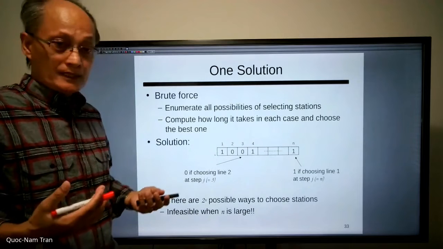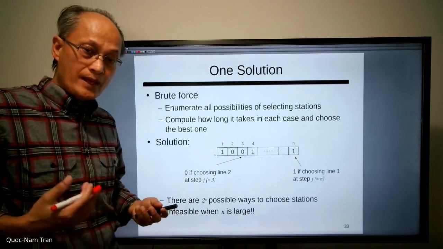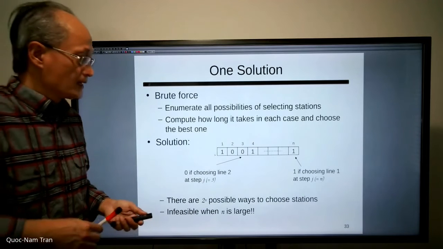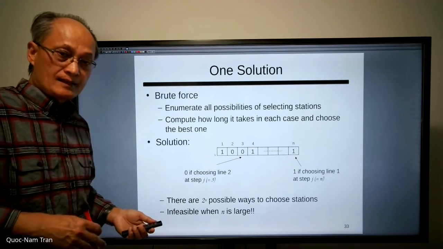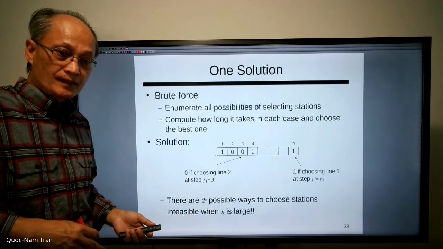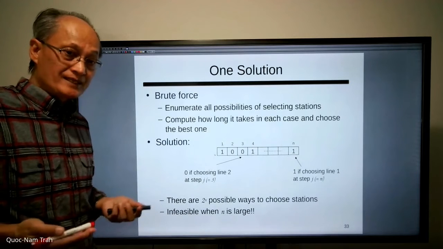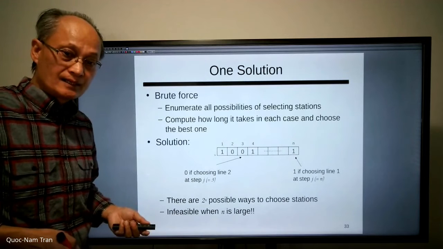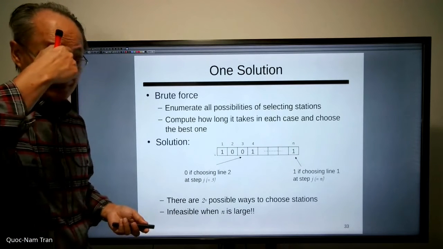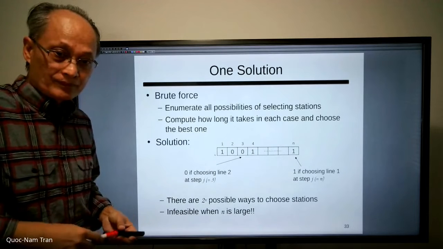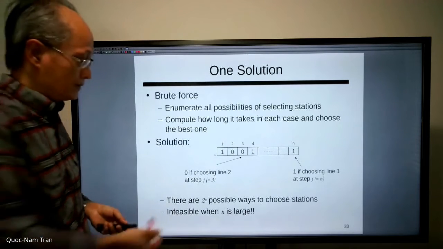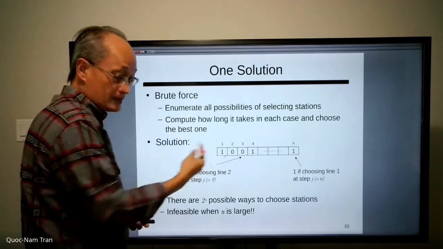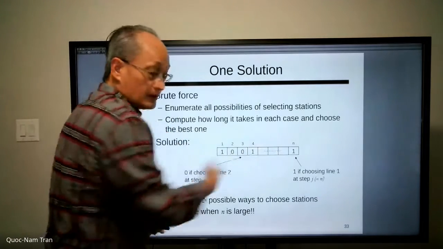So what would be the total number of cases we have to consider? Meaning the complexity of the algorithm. 2 power to the n. Very good. Yeah, because each of the cells here has 2 values, and we have n of them.